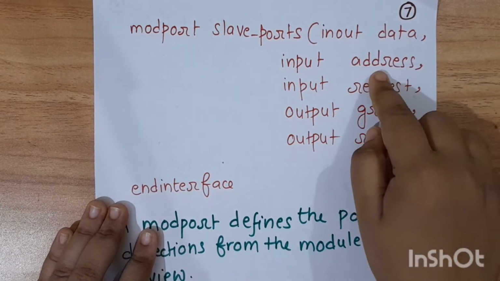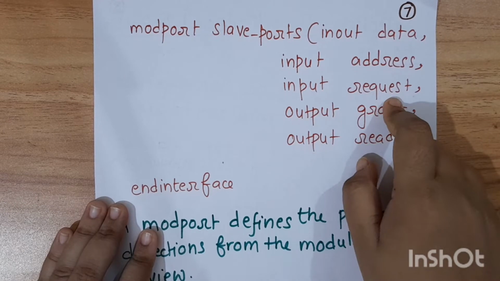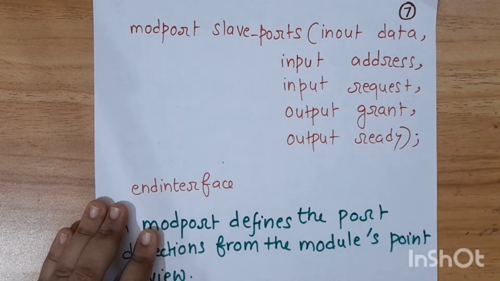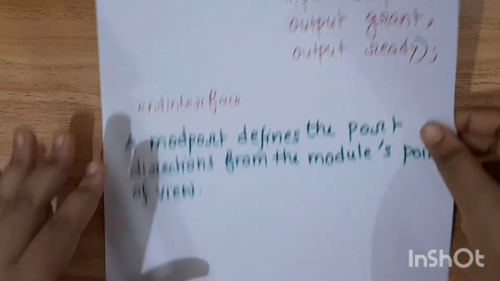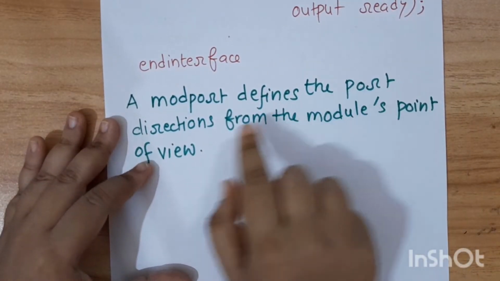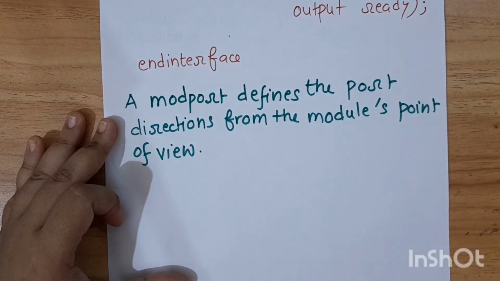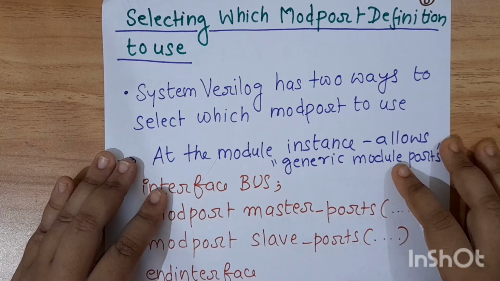Address is input to the slave, request is input to the slave, grant and ready are outputs from the slave, and data is of inout type. So a modport defines the port direction from the module's point of view. Now I will show how to use the modport definition.